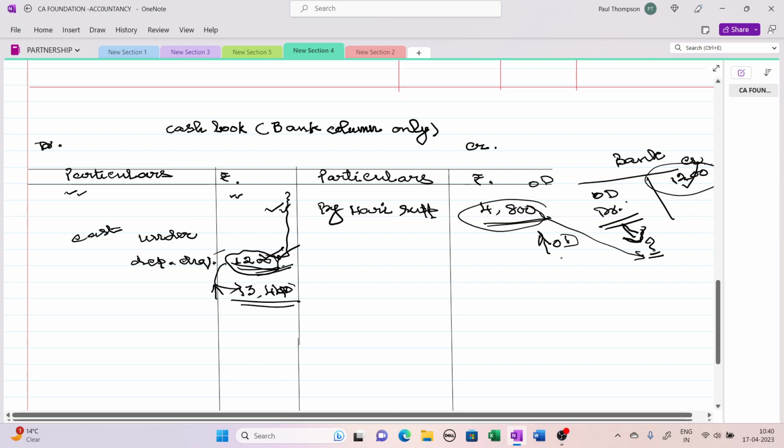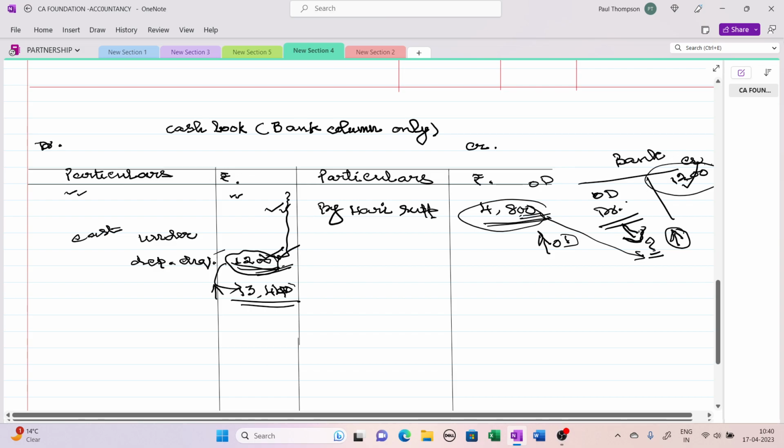So here, to the extent of 4,800, my balance is more. So my overdraft will come down. This looks as if I have put some money, but I didn't. Rather, I made a payment.